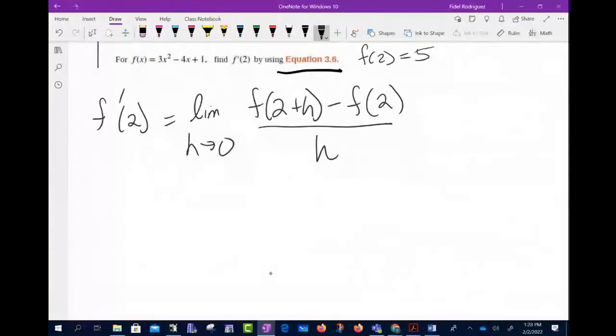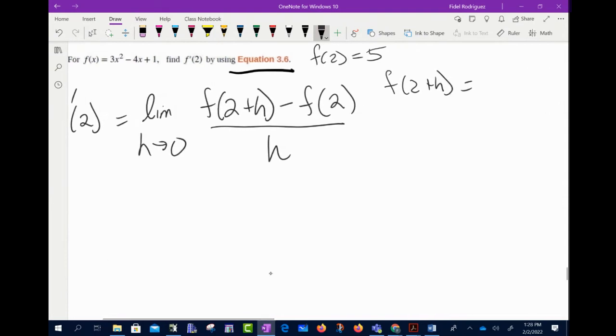Now, what we are going to have to find, y'all, and I'm going to do this on the side, is we're going to have to find f of 2 plus h. Now, remember what that means. I'm going to come back to this expression or this equation right here, this function, and everywhere I have an x, I'm going to plug in a what? A 2 plus h, right?